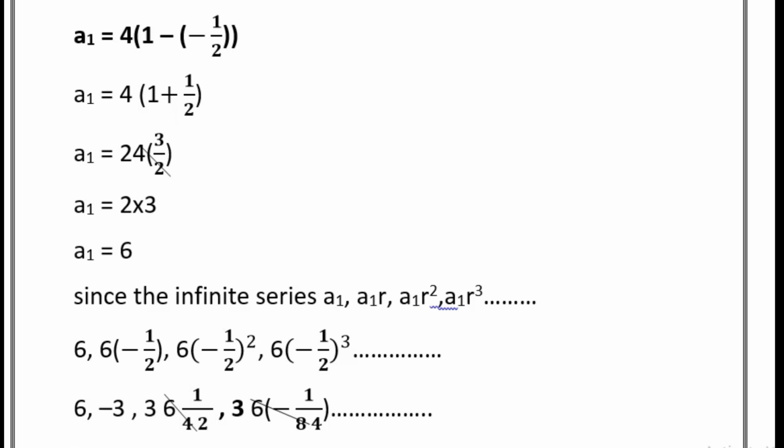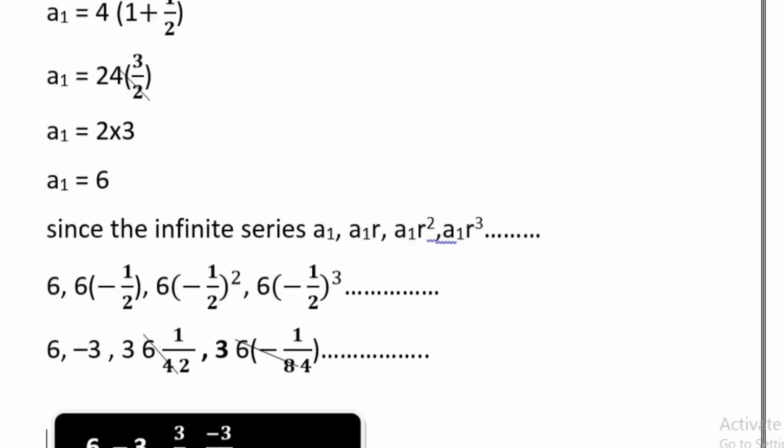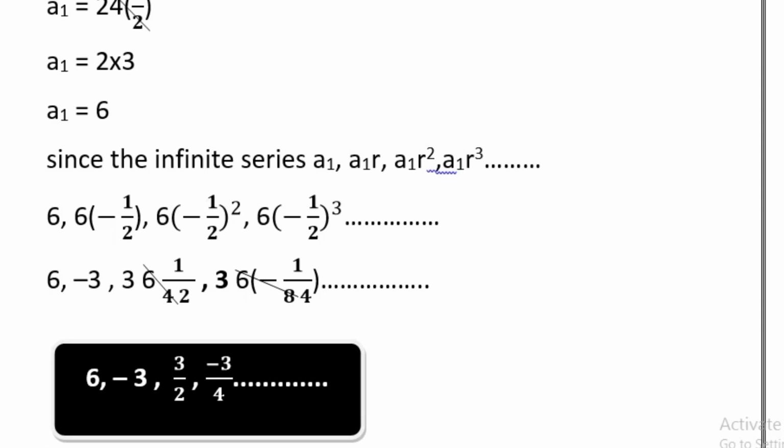So the series is first term 6, second term minus 3, third term 3 divided by 2, fourth term minus 3 divided by 4 up to so on, which is the required solution.